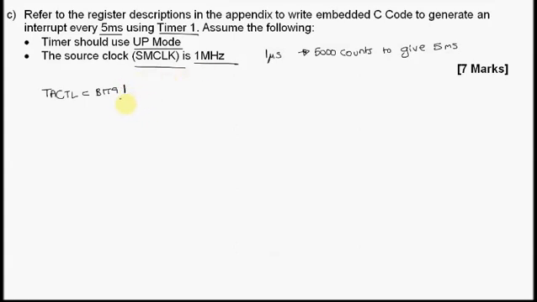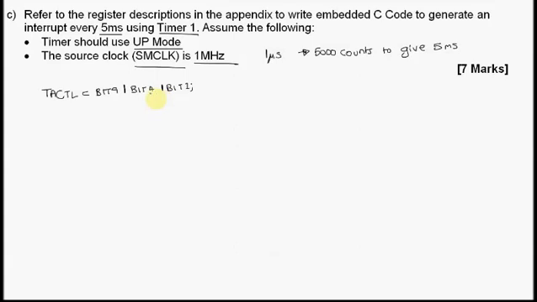We then OR that with, we're going to be using up mode, so we set bit 4 to 1 to use up mode. And we also want to say interrupt enabled, so that's bit 1. Okay, this will set the timer to count. It'll generate interrupts anytime the timer count value equals 5000.